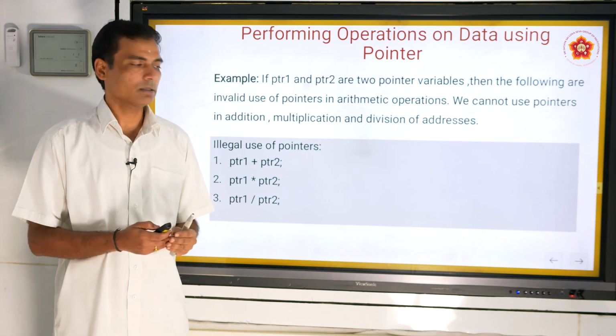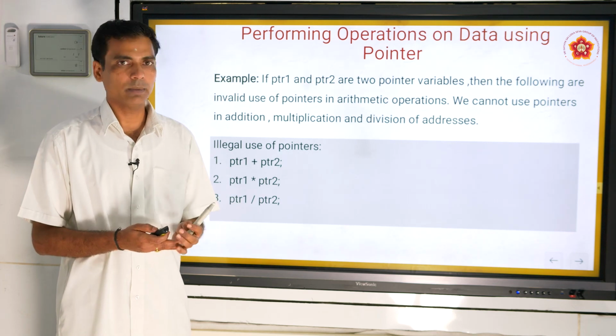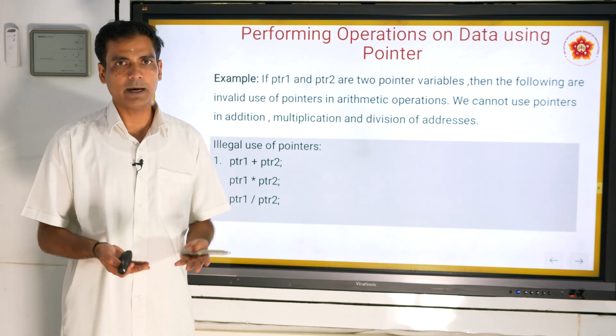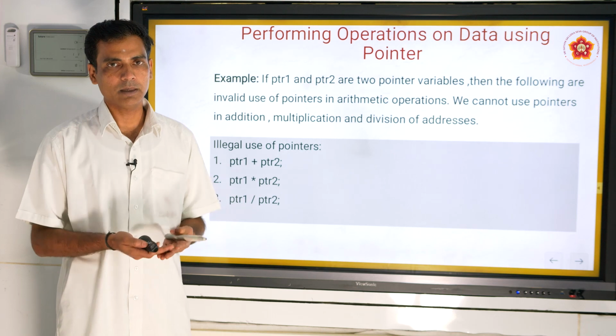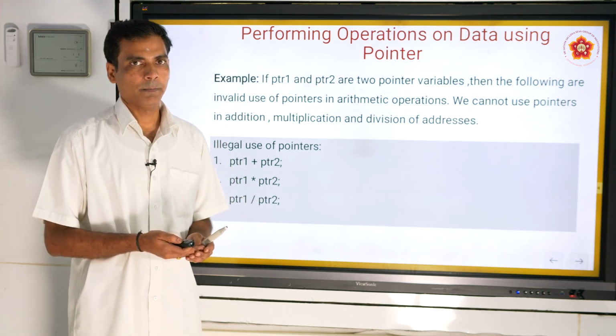How can we add addresses? We cannot multiply addresses and we cannot divide one address by another, because it is meaningless to add two addresses, multiply two addresses or divide two addresses.